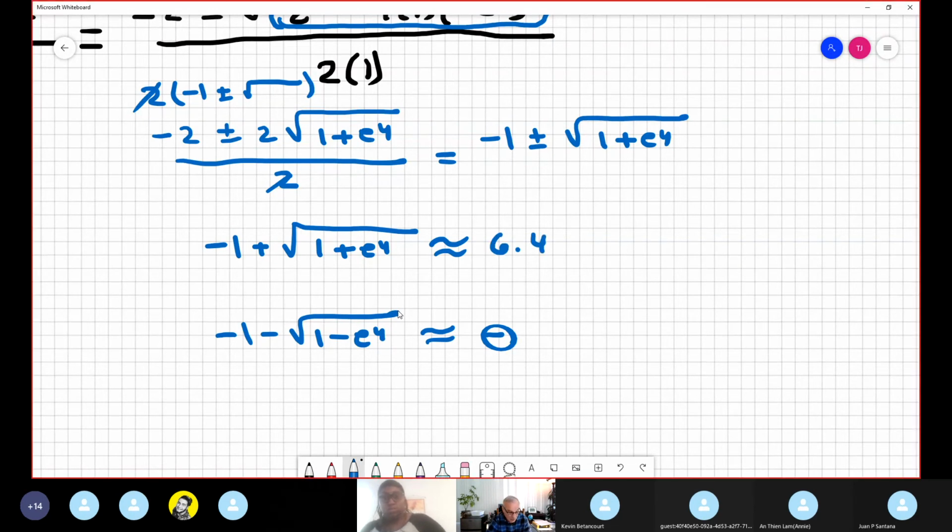Let me check it just in case, because I don't remember if I did it well or not. It's negative 1 plus, this is plus here, negative 1 plus square root of 1 plus e to the 4th power.